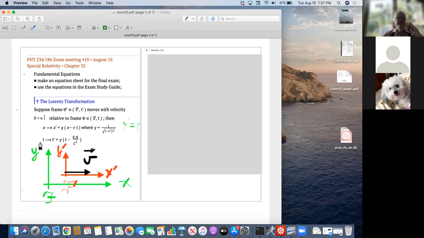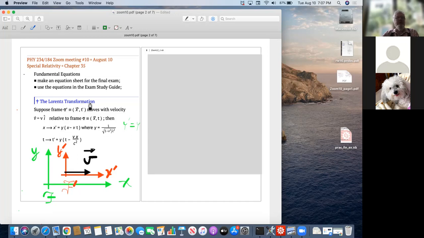Time is not a universal parameter or coordinate. Time is different for different people, for different observers. And the transformation is, in going from frame F to frame F prime, t changes into t prime, which is given by gamma (t minus vx over c squared). All right, so that's the Lorentz transformation.